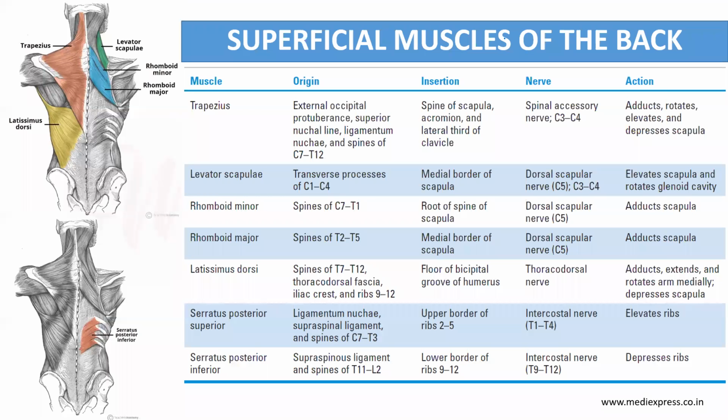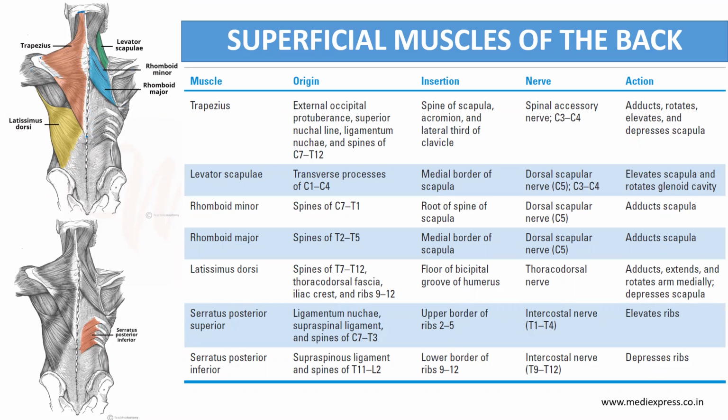The origin is from the external occipital protuberance, superior nuchal line, ligamentum nuchae, and the spines of C7 to T12. So this is the origination of trapezius muscle, and where does it get inserted?